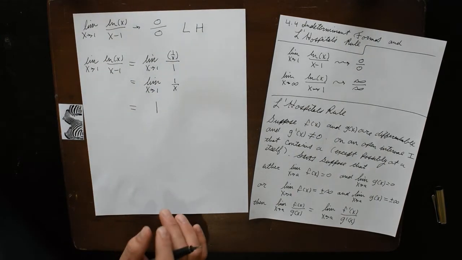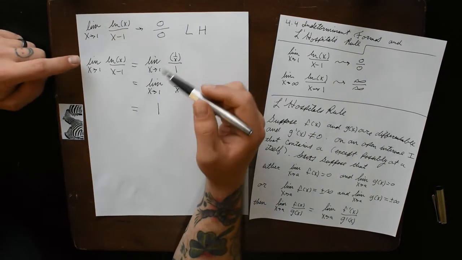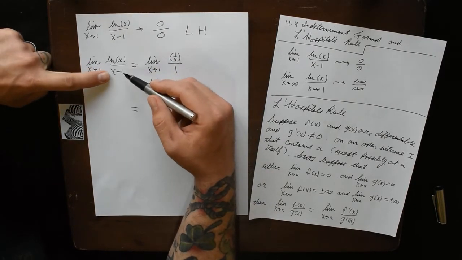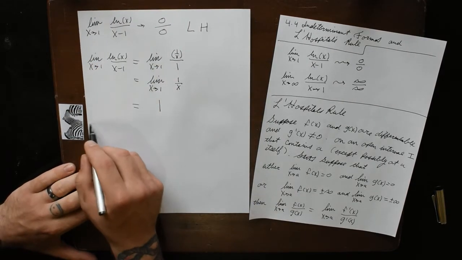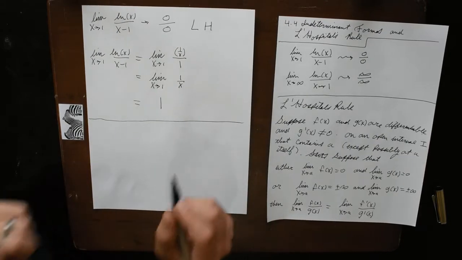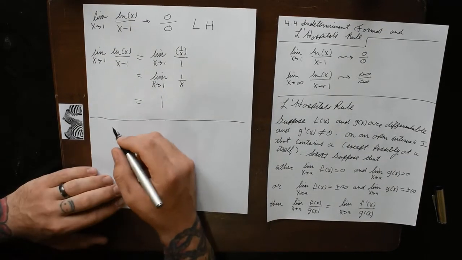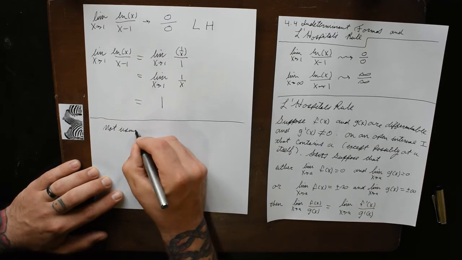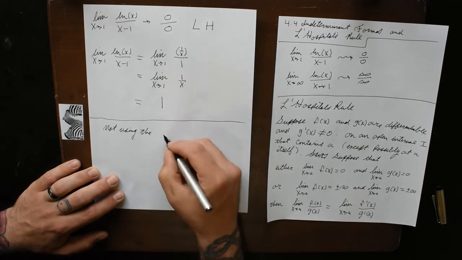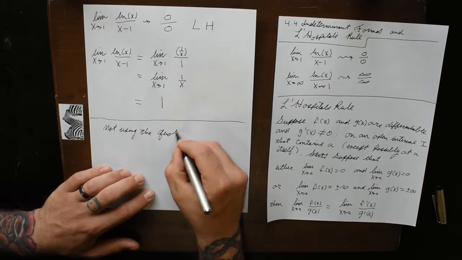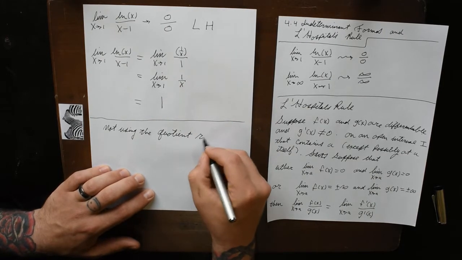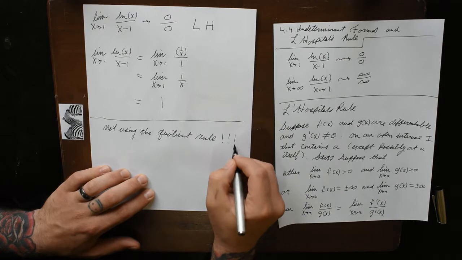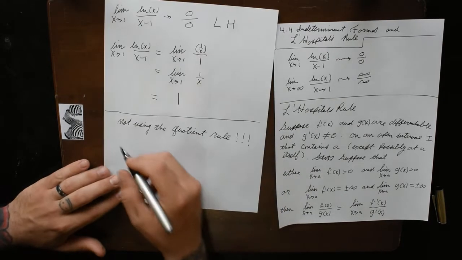So, L'Hopital's rule allows us to take the derivative of the numerator and the derivative of the denominator. That's one thing I want to write down. We are not using the quotient rule.